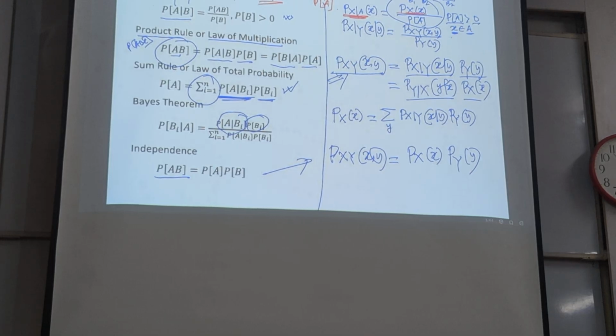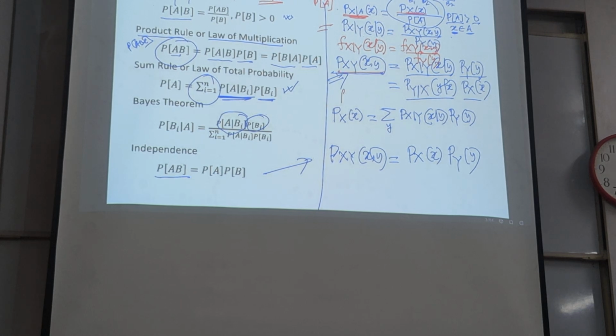Now if we come here, any volunteer? It will be the joint PDF of X and Y divided by the marginal PDF of Y, right?